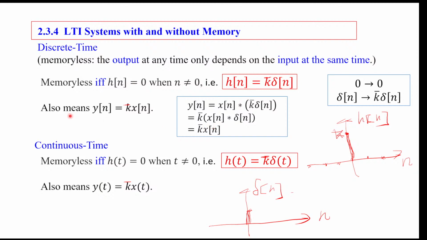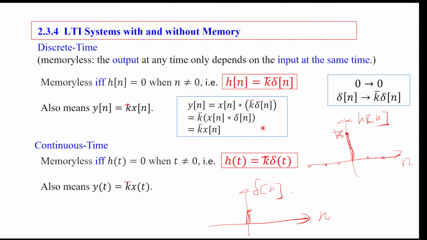Our properties didn't say this, but for convolution we also have the property that when you multiply your signal by a constant, the convolution is basically linear. So x convolved with k bar delta of n equals k bar times x convolved with delta of n.